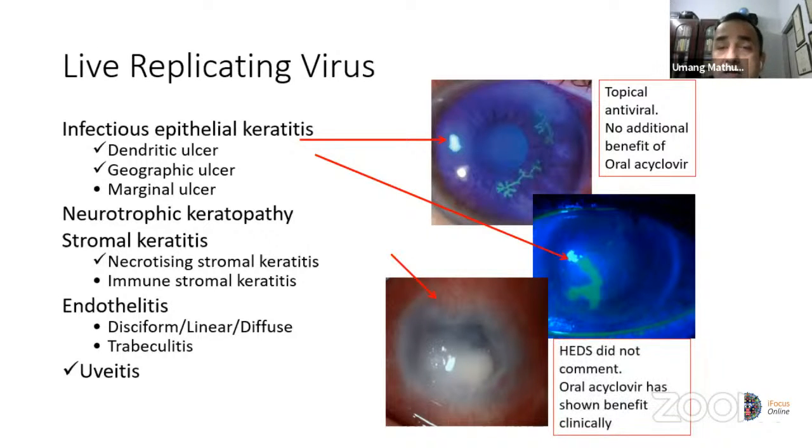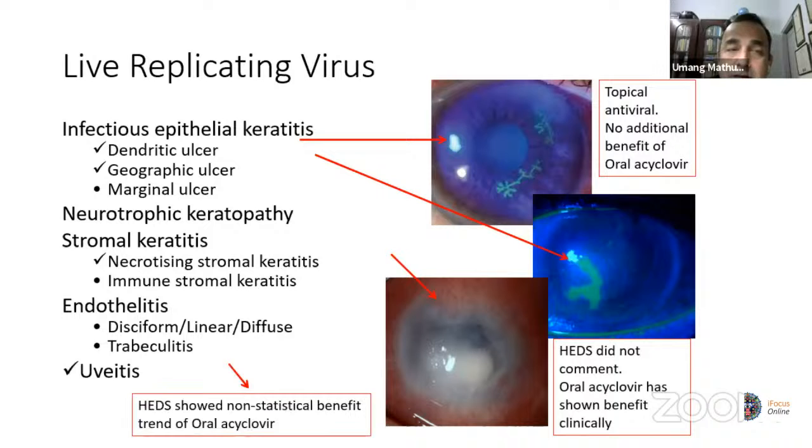The HEDS study did not comment on stromal necrotizing keratitis, but our group at Shroff did a study, and it's published, that oral acyclovir and topical acyclovir had a benefit in treating stromal necrotizing keratitis, and it makes sense because there's live virus there.